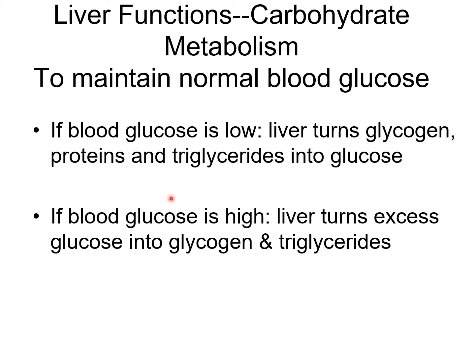And if we have surplus blood glucose, the liver is going to take that excess glucose and store it away in glycogen and turn it into triglycerides. So whether under the command of glucagon or under the command of insulin, the liver participates at both ends of maintaining normal blood glucose levels.